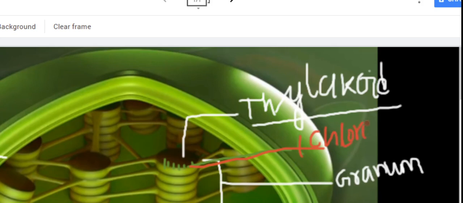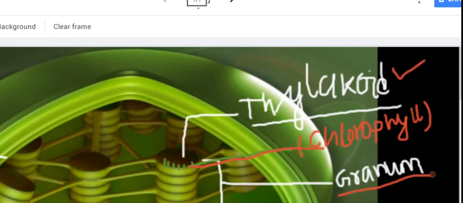So chlorophyll is the green color pigment found at the membrane of thylakoid of granum, present inside the stroma of chloroplast. Is it clear? Where is the green color pigment present? Yes, sir, clear. Very good.